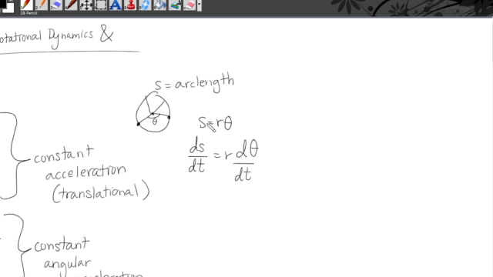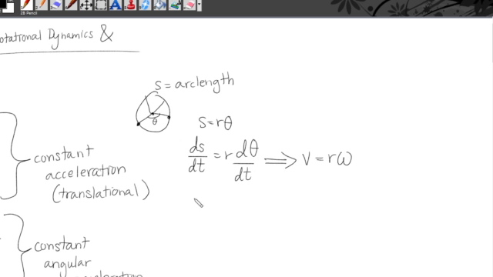The change in displacement with respect to time is just velocity or speed, and d theta dt is just the angular speed. And we get this.